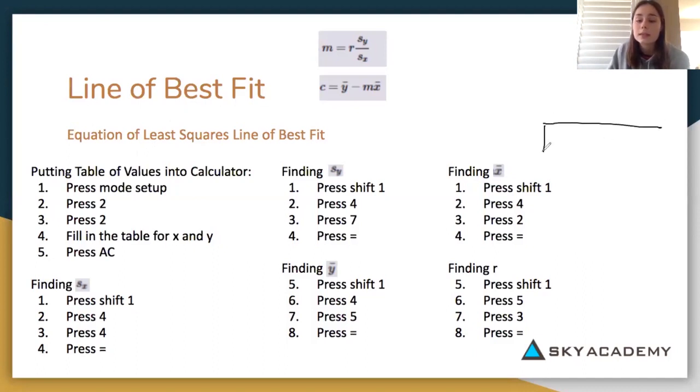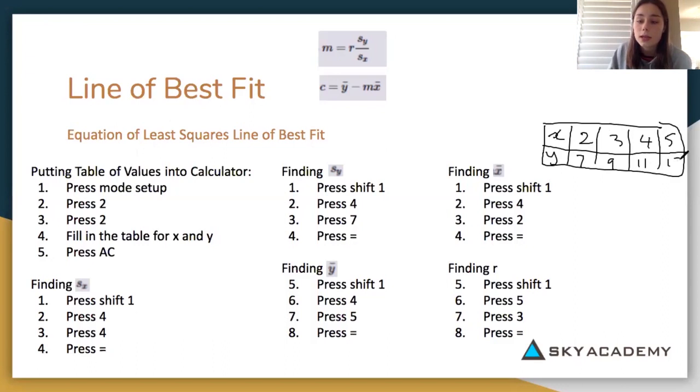And once you're given these tables of values, you need to put all the values into the calculator. So I'm just going to do an example for two variables, x and y, and I'm going to just do 2, 3, 4, and 5. And let's just say 7, 9, 11, and 13.